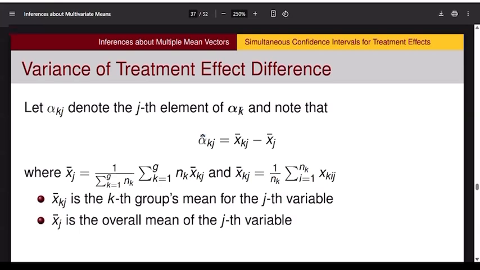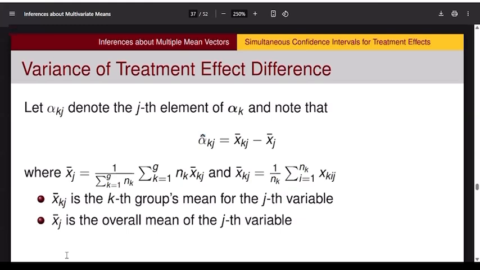Now, the treatment effect is defined as that, as you can see: alpha hat kj equals that minus that. We got two different means here. I think I've given you the definition of what the two means represent. X bar kj is the kth group mean for the jth variable, then X bar j is the overall mean of the jth variable.